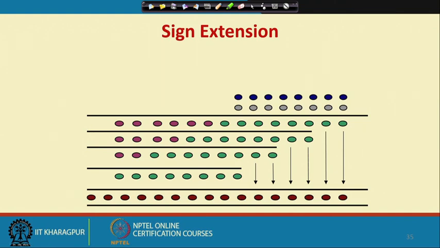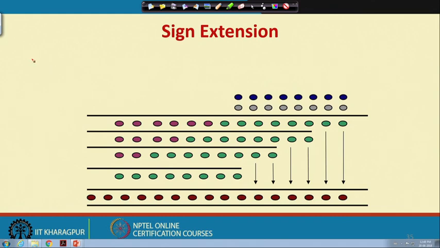Because in the decoding table I find that sometimes I need 2 of minus A, minus 2 of A, or minus of A. This is nothing but the 2's complement. So minus of A means 2's complement, and this sign, that means the MSB, has to be extended up to the maximum MSB site.